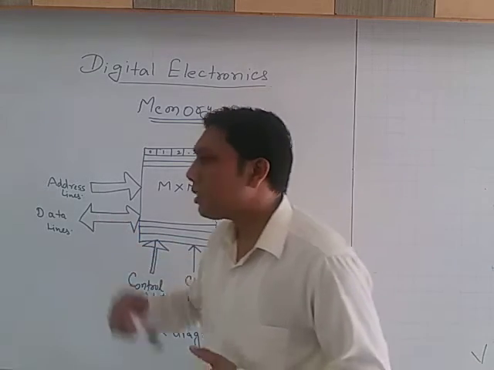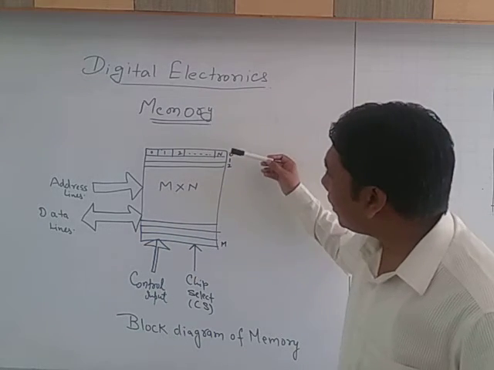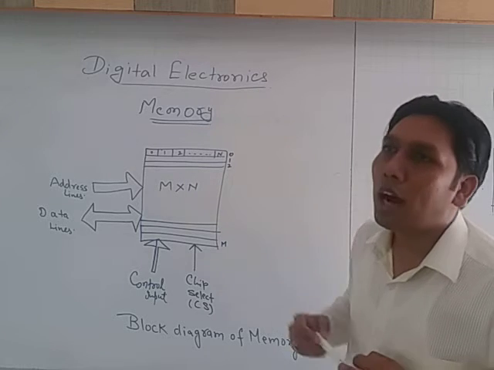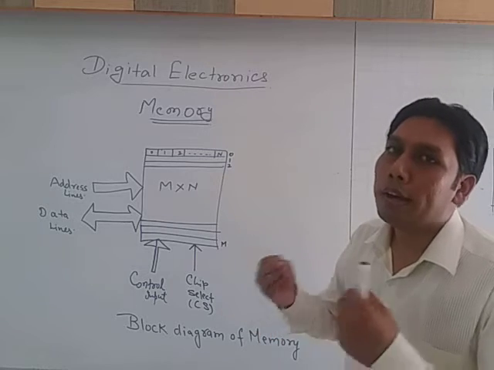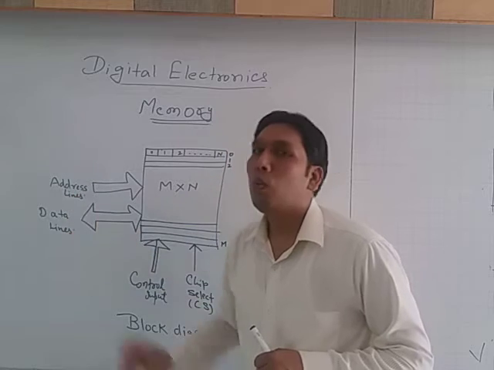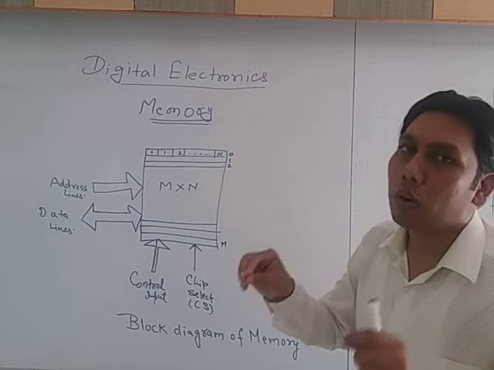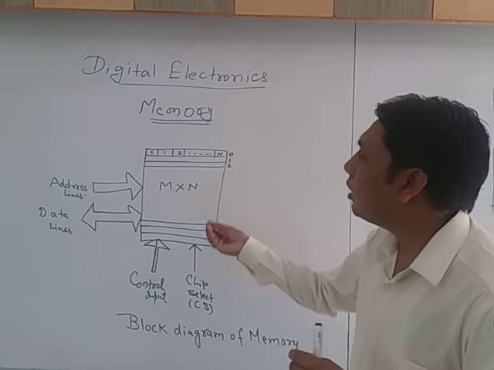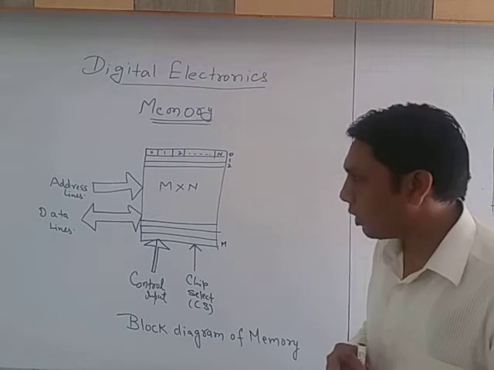Address lines are those inputs which are used to decide the particular memory slot in which we want to add the data or read the information. That means these are the lines which decide the address at which we want to put our data in the memory location, or the position from where we want to read the information.